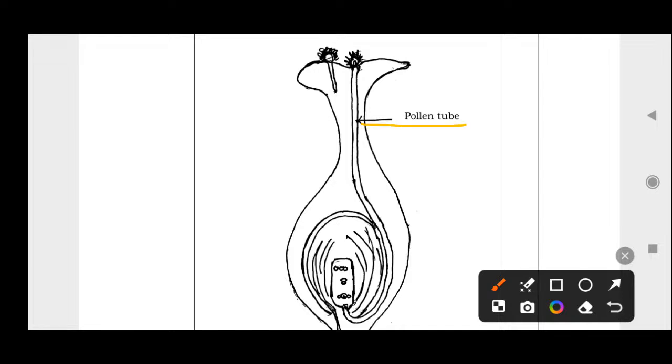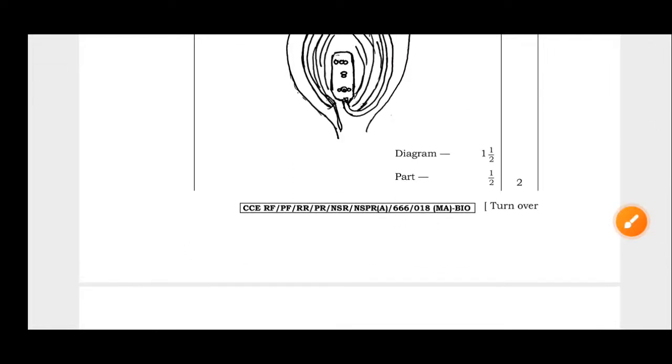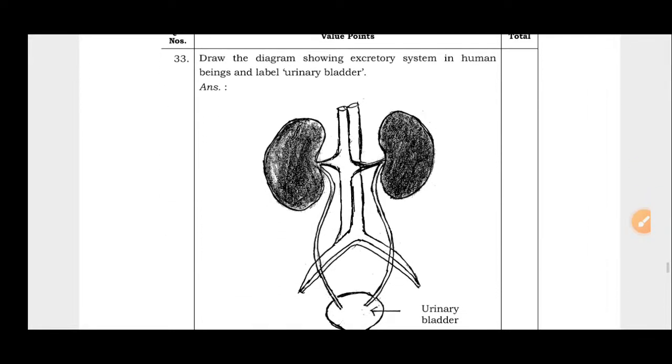Whenever I discussed the previous 10 years' question papers for English medium, I told you that seed germination is a definite question, and that this question will be asked. So those who prepared should draw it well. For the diagram 1.5 marks, and labeling the parts half a mark.